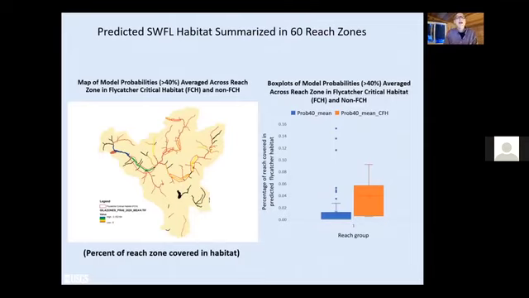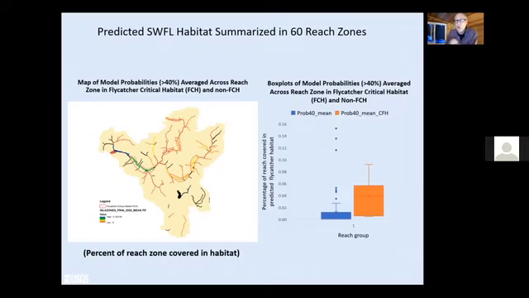So this is what it looks like. On the left now, we have a map of model probabilities of greater than 40% averaged across reach zones in both the critical and the non-critical flycatcher habitat. So this is one of our four predictor variables. And then on the right, you can see we just use the zonal statistics to average those values across the zones.